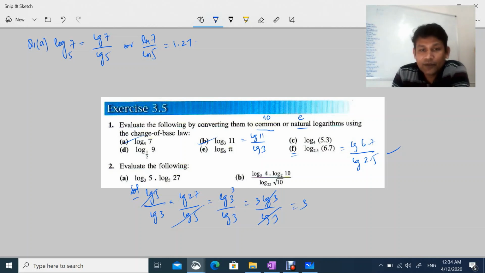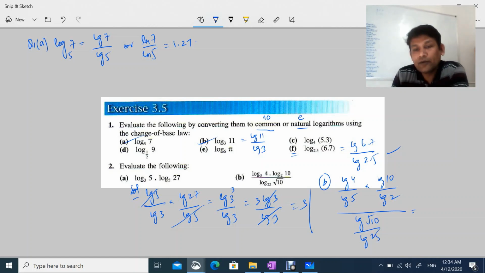Part B, I can solve here. Lg 4 divided by lg 5, multiplied by log base 2 of 10, which you can write as lg 10 divided by lg 2, and then lg of root 10 divided by lg 25.